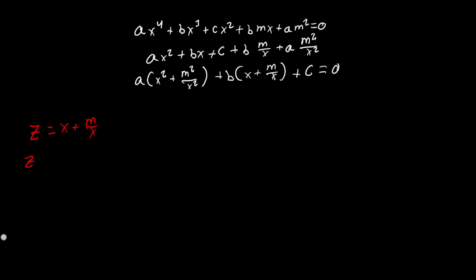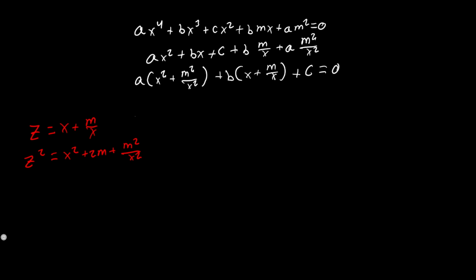Now, how do we find a variable that we can make into z squared so it is a quadratic? The idea is to square z so that we have x squared plus 2m plus m squared over x squared. We have x squared right here and m squared over x squared as well. So we have to introduce a 2m into the equation on the inside, and if it's inside such that it makes z squared, we also have to subtract 2am.